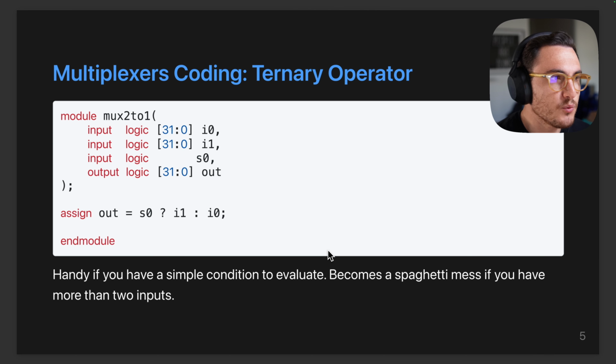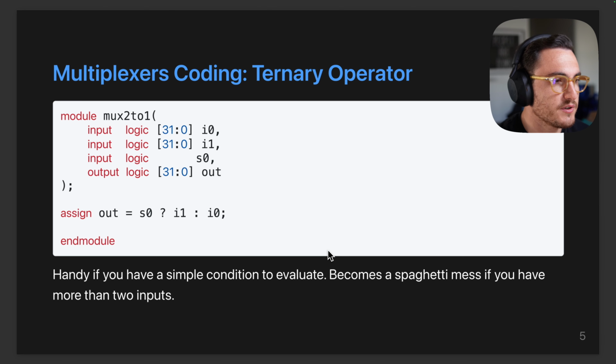We have a few ways of coding a multiplexer in SystemVerilog, and one is the ternary operator. If you did some C code, this is something that you definitely saw during the lectures. Here we have two 32-bit input signals, a select line, and an output signal, which is the same width as the input signals.